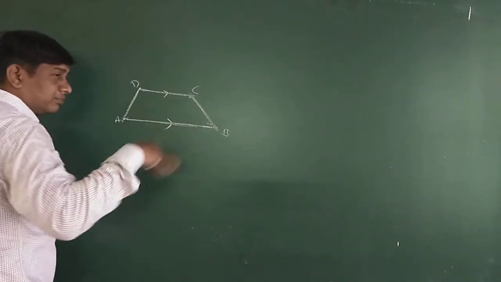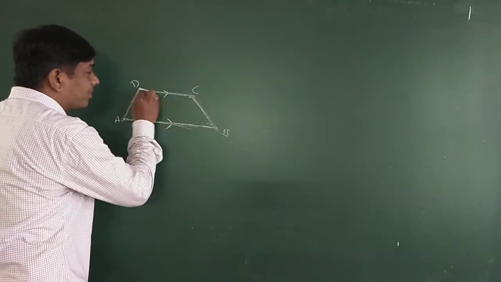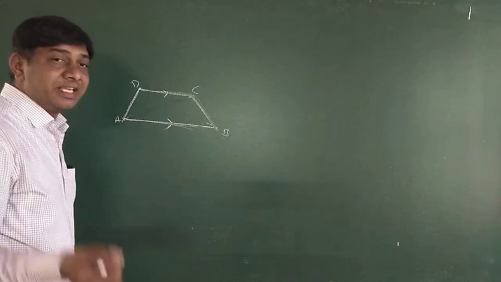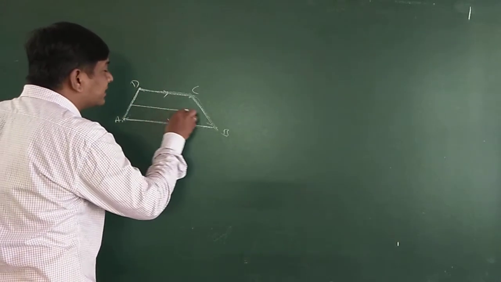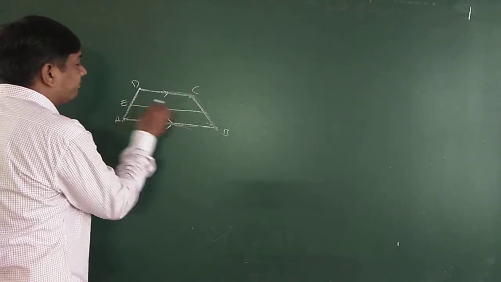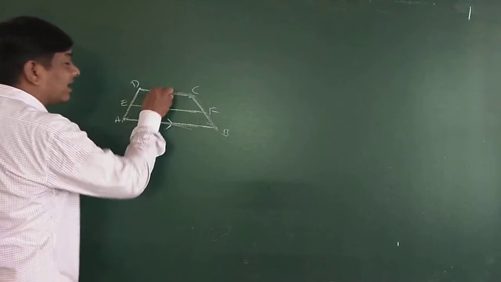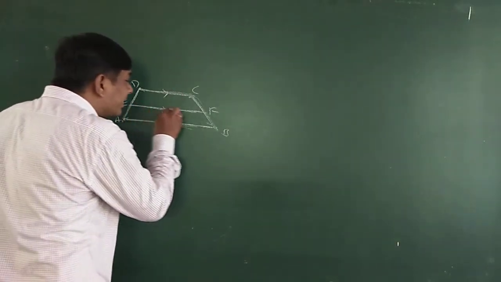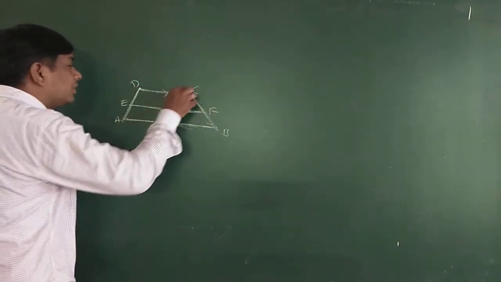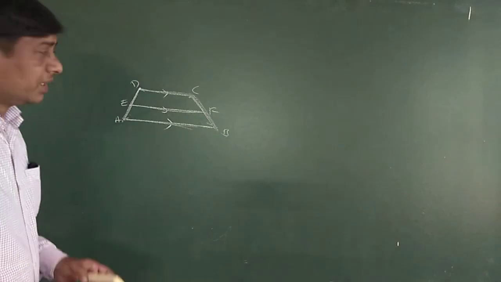Okay, now my question is here. In a trapezium, one pair of opposite sides are parallel. If a line EF is drawn parallel to these parallel lines of a trapezium, then this line EF will divide the other two non-parallel sides in the same ratio.